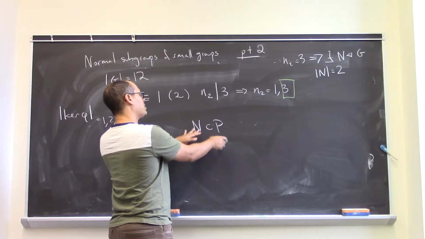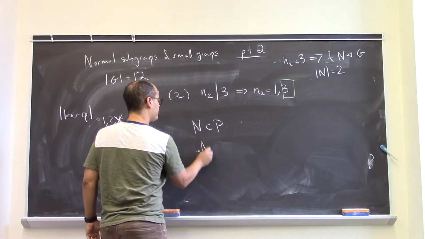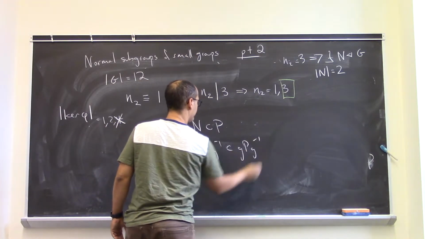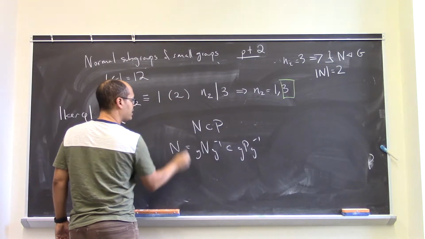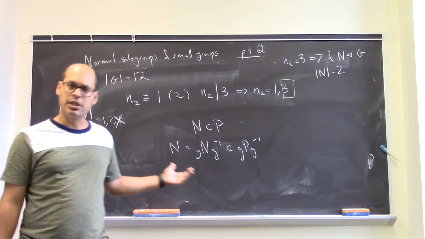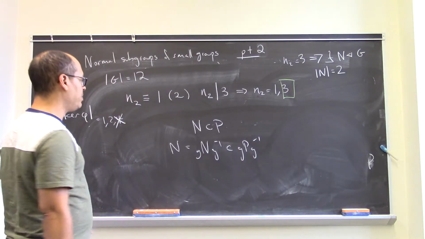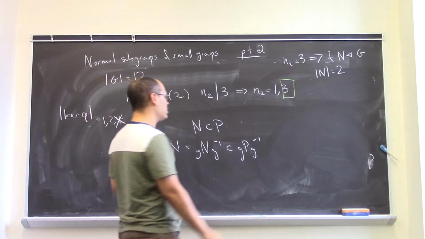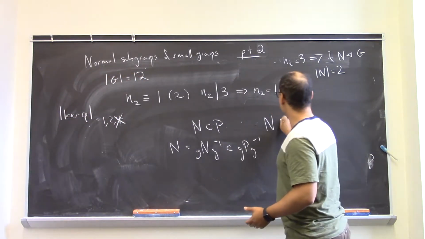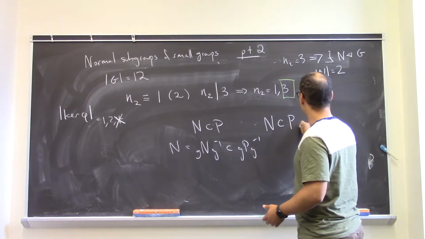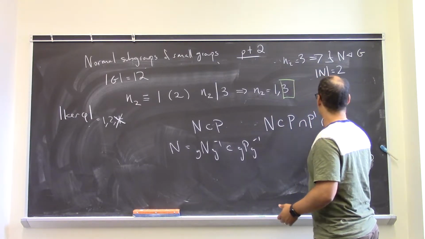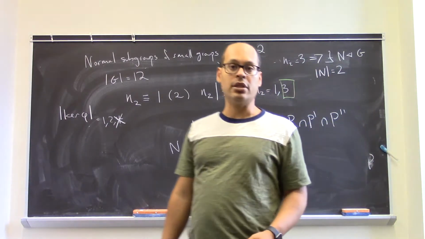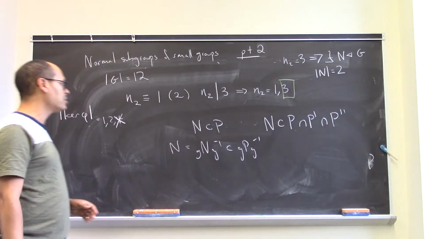If you conjugate both sides by g, using the fact that n is normal, you see that n is contained in the conjugate of the Sylow subgroup. There are only 3 of these, so n is contained inside P intersect P prime intersect P double prime, where these are the 3 distinct Sylow 2 subgroups in this case.